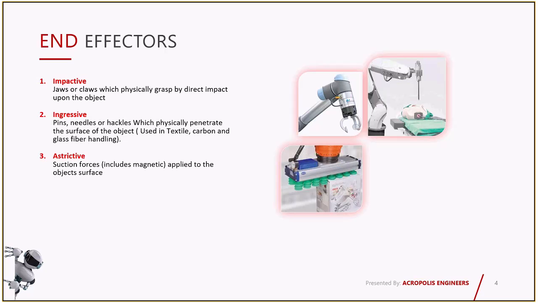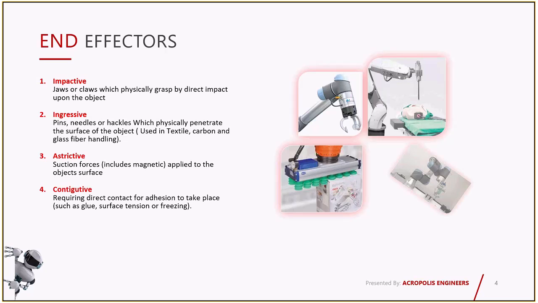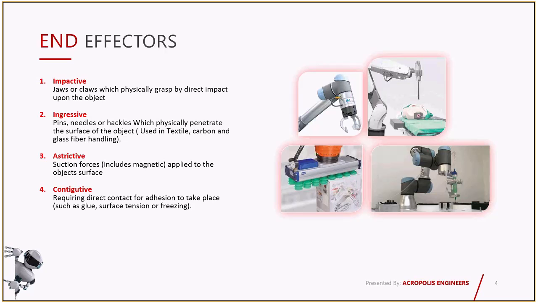Restrictive ones have suction forces, but also magnetic forces, to pick up heavier products. And contigutive ones require direct contact for adhesion to take place, especially with gluing surfaces and freezing of certain products.